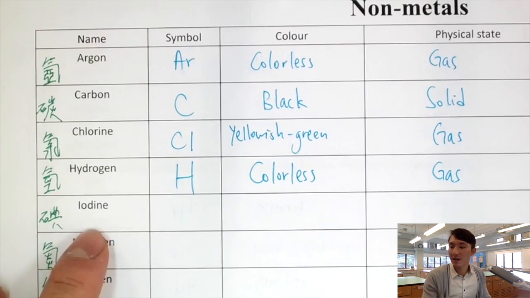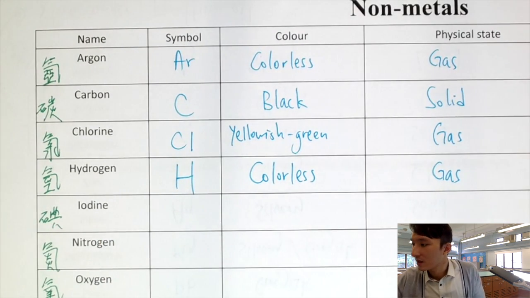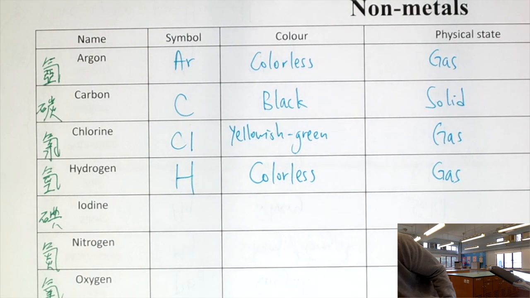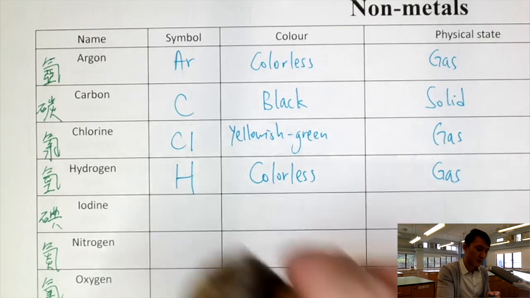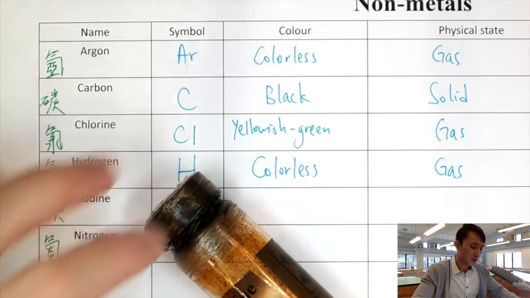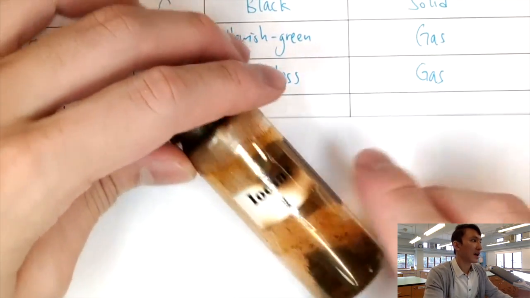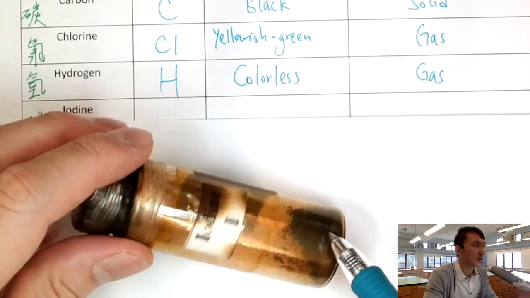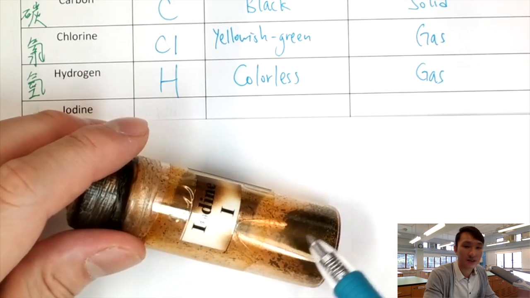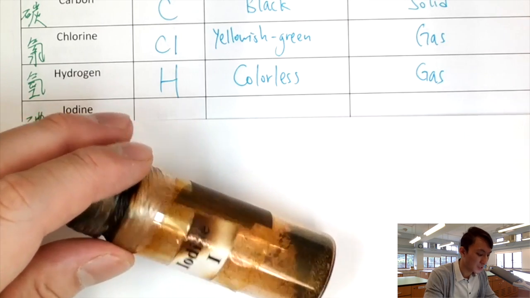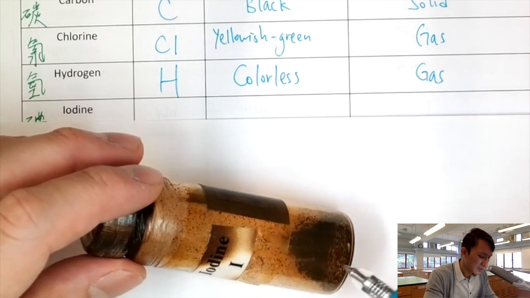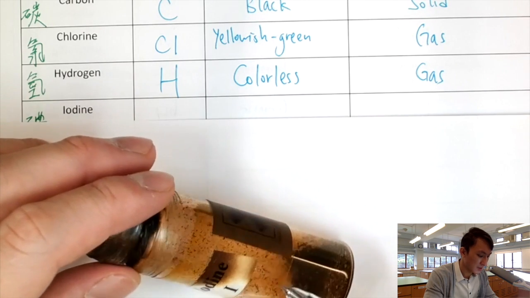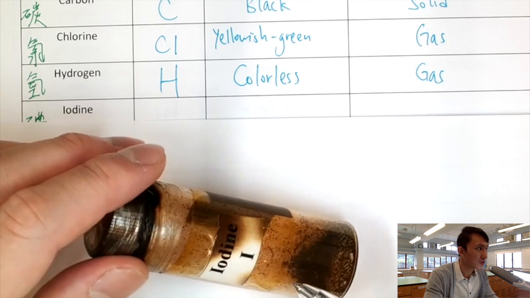Now iodine, actually we did see this one before. So this is iodine, and as you can see, it is sort of a black solid. Now you may see some brown color. This is actually due to the iodine staining the surface of the paper or the inner side, so it appears brown.